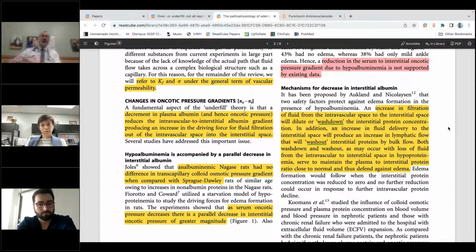And then the second part is, as you now increase your interstitial fluid accumulation, that is going to stimulate more lymphatic drainage, and the lymphatic drainage can actually cause more proteins to get pulled out in those lymphatics, both reducing your interstitial fluid, but also reducing that interstitial protein, and that's what's called the washout phenomenon. So the combination of those two likely cause that initial reduction in your serum albumin concentration to produce a very similar reduction in your interstitial oncotic concentration as well.